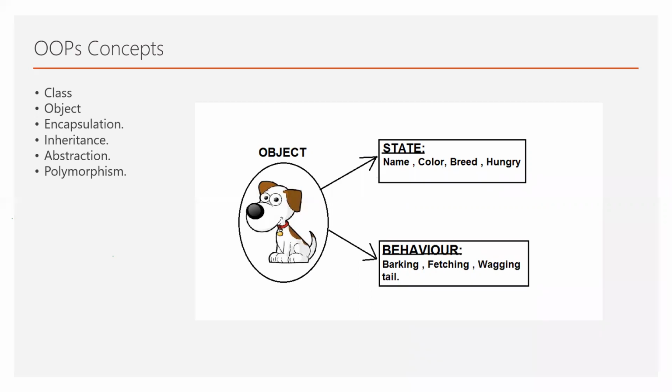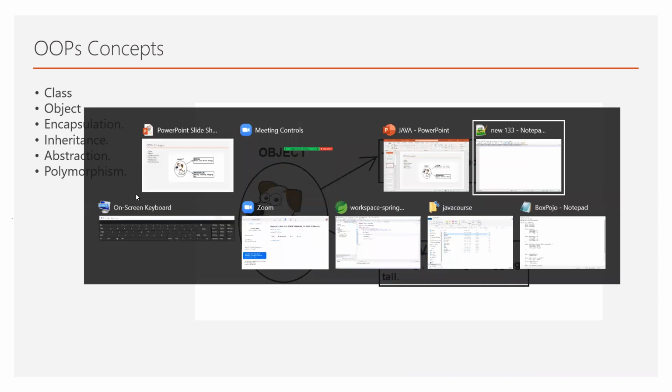This inheritance basically supports the concept of hierarchical classification. Like, for example, let's create some hierarchy. Let's take one example and understand this a bit better.